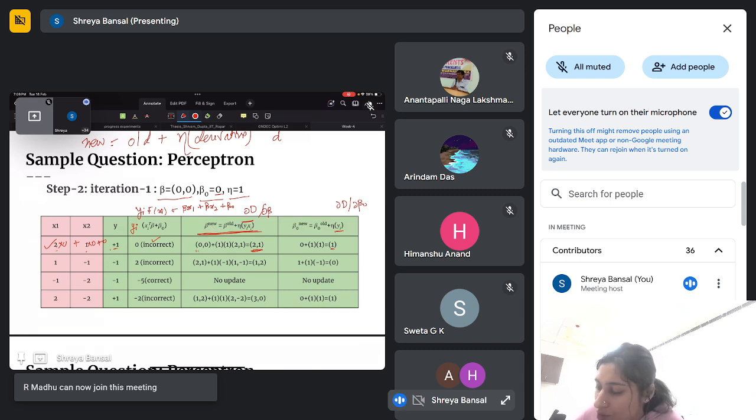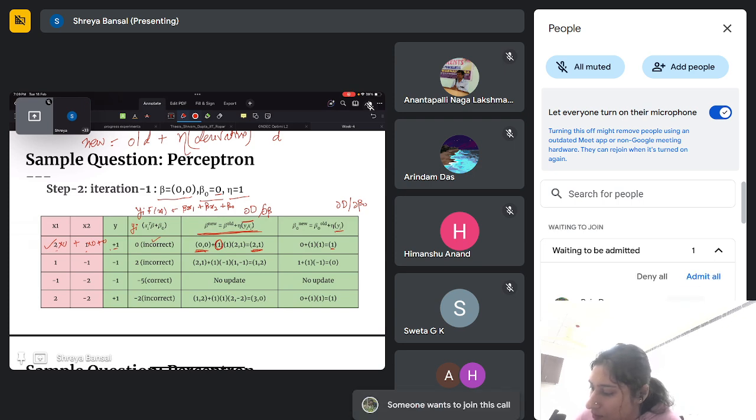Old beta is 0 0. Eta is 1 and yi xi means this 0 into yi. For this the yi is plus 1, so it is written as 1, and xi is this 2 1, so it is written as 2 1. Just calculate, simple calculation.